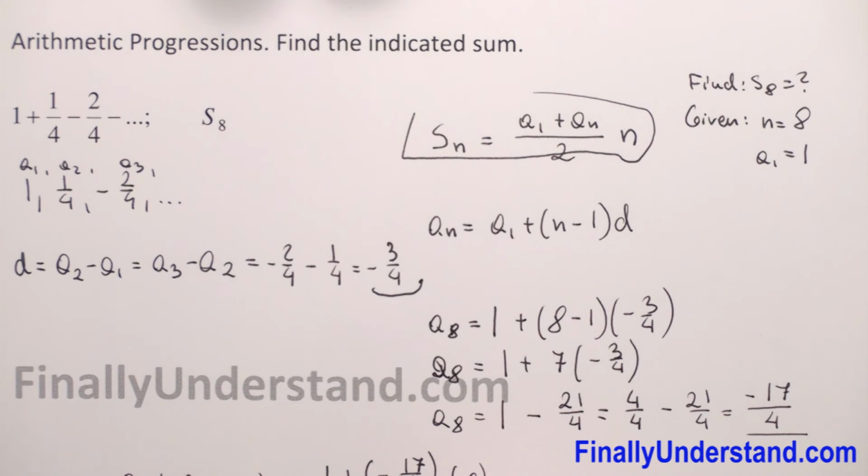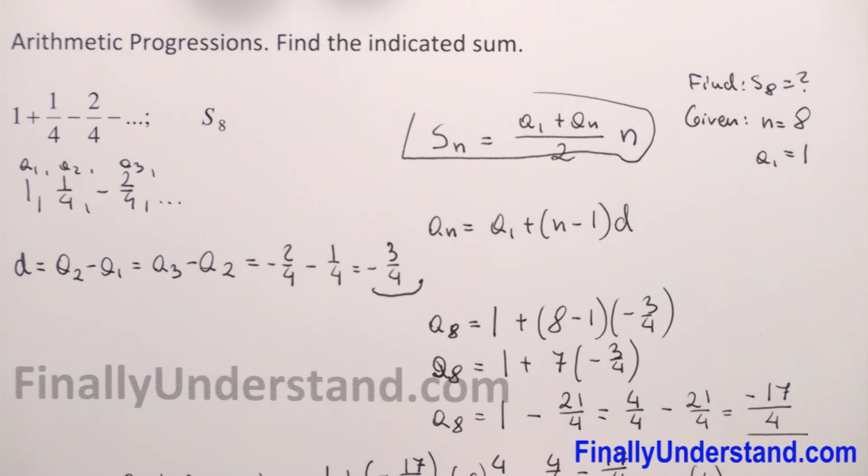We can reduce 2 and 8, it will be 4, and we can change 1 to a fraction, so it will be 4 over 4 minus 17 over 4, over 1, times 4.